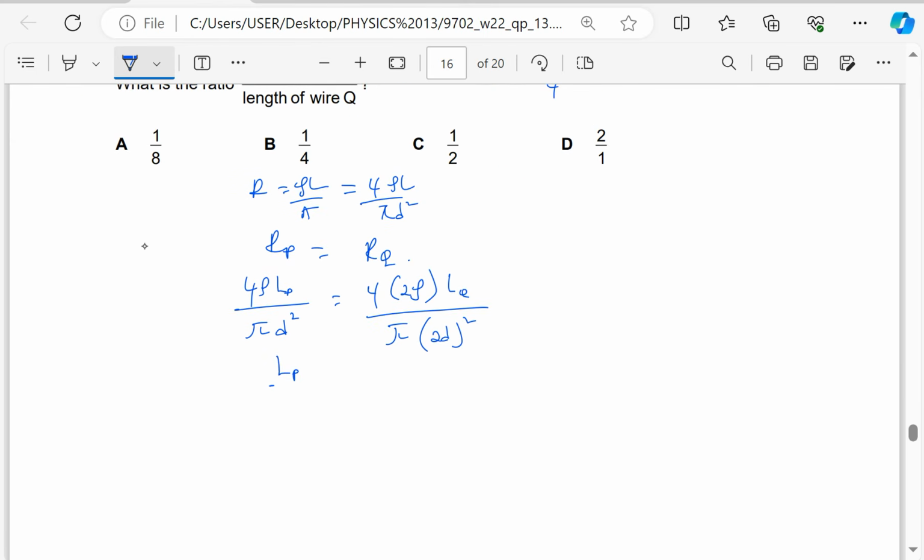So LP over LQ is going to be, 4 cancels, rho has cancelled, pi has cancelled. So I have LP over LQ is equal to D squared divided by, this becomes 4D squared, oh, there's a 2 here. 2D squared divided by 4D squared, which gives me 1 over 2. So the answer here is going to be C.